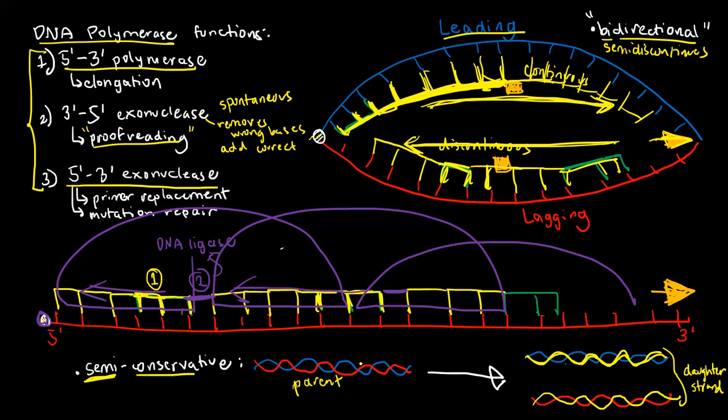One half of the parent goes to both of the daughter strands such that each of these two would have a portion of the original one. So, remember these words. These are things that we could use to describe replication: bidirectional, semi-discontinuous, and semi-conservative.